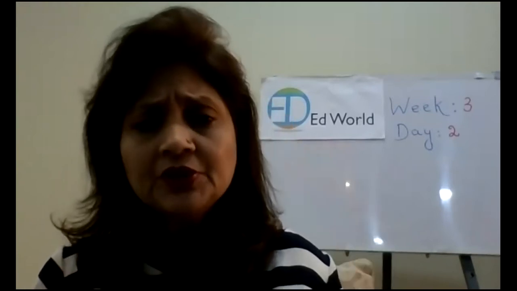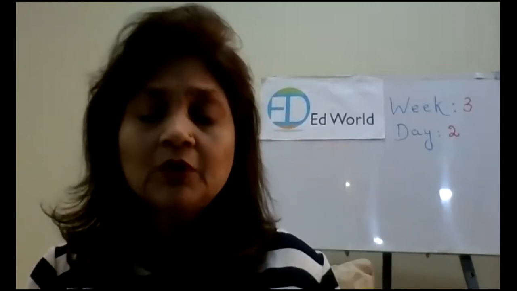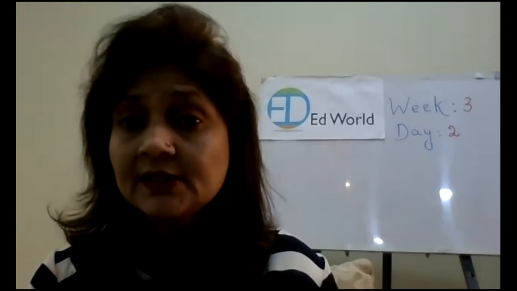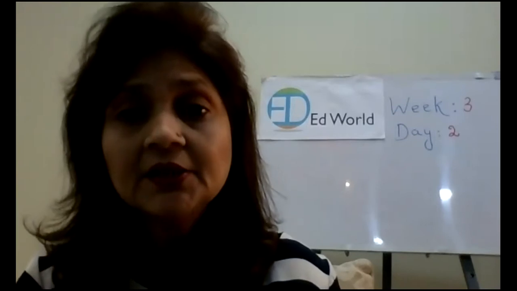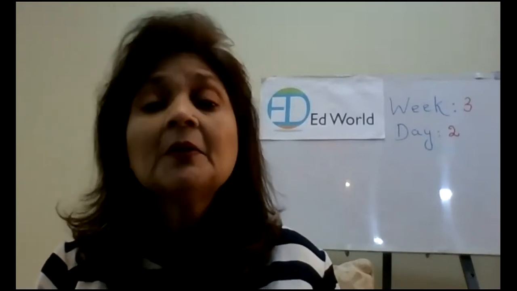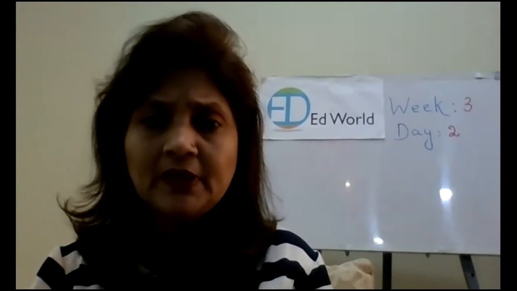Can you recall what we have done yesterday in science lesson? Correct. We have started a new unit that is called plants, right? And what did we do actually yesterday about plants?